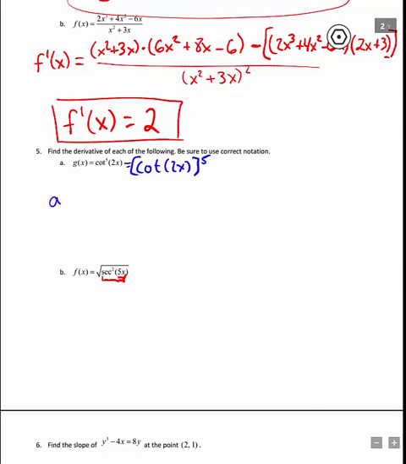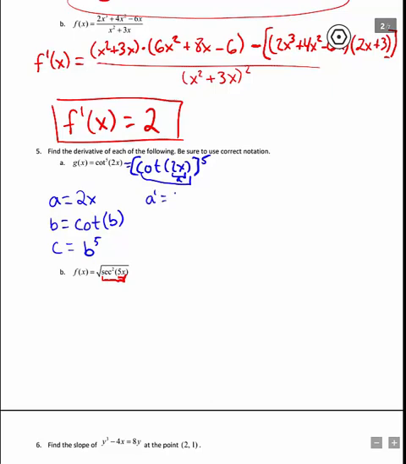If you do the AB method, we'll get A is 2x, B, that's our A, is cotangent of A, and then C will be, this entire thing is our B, so C will be B to the 5th power.